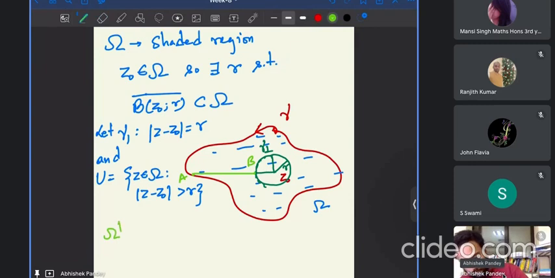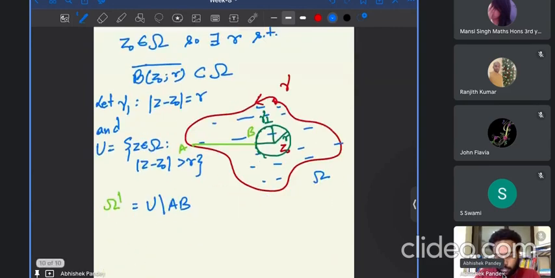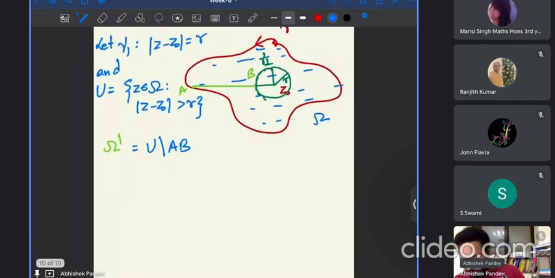Omega dash is nothing but u minus AB. So I'm removing this line from this u. Is this construction clear? I have not done any fancy stuff in this one.